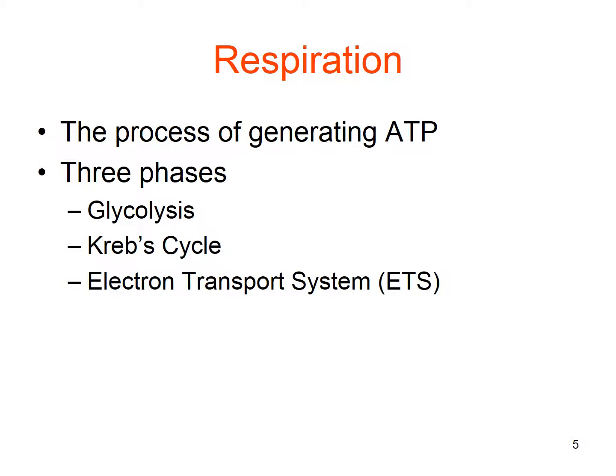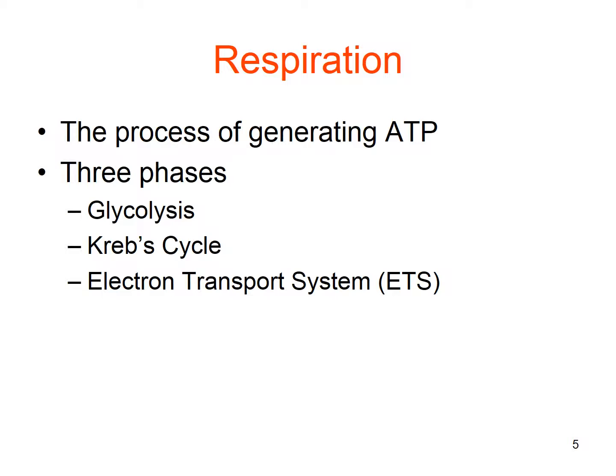So respiration then is the process of generating ATP, and it's been divided into 3 phases. There are a total of about 50 chemical reactions required to break sugar down all the way and make ATP. But there are 3 phases this goes through.